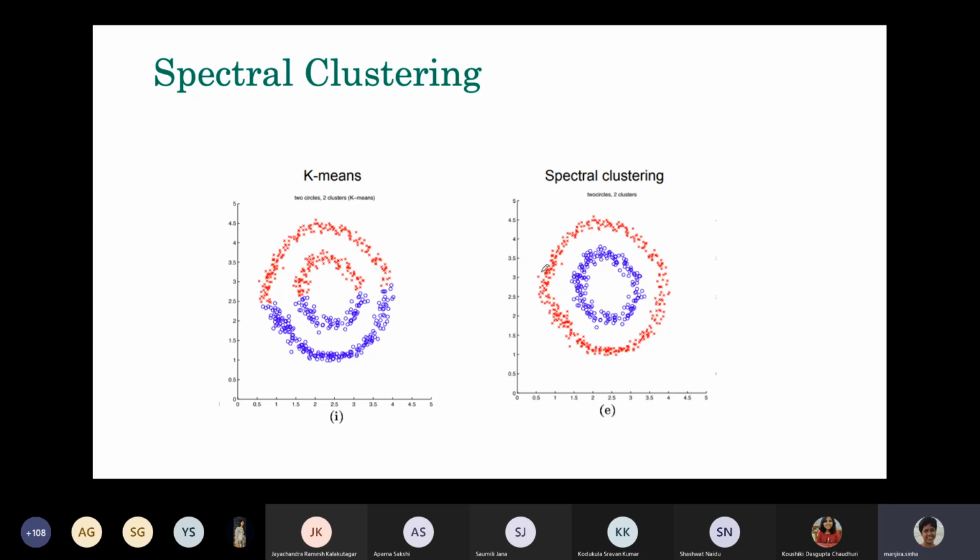For graphs, these types of clusterings are desirable to identify the communities or the clusters or the giant connected parts of the graphs. So that's why we will go for spectral clustering in the graph. Okay.